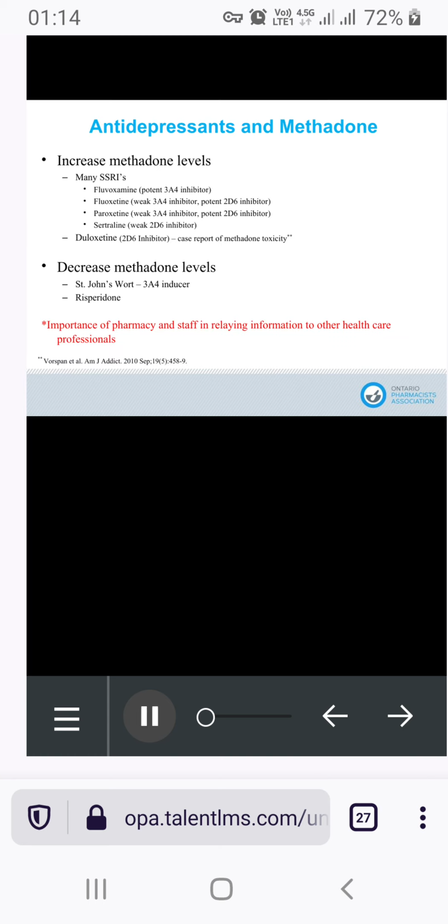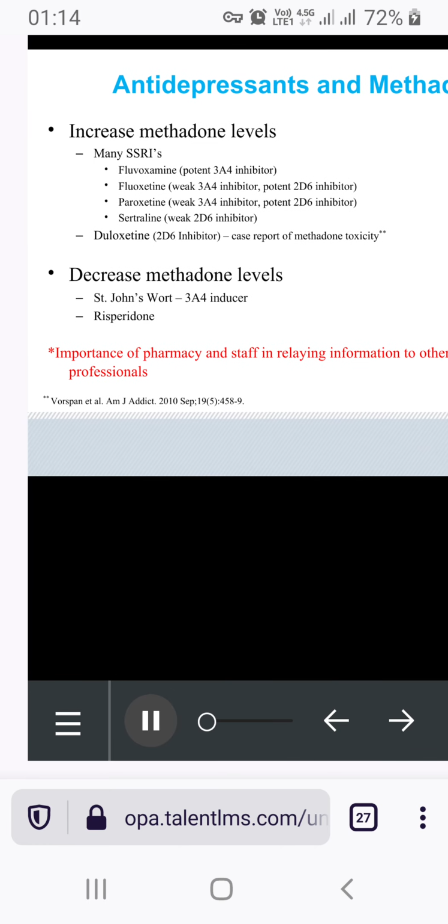Antidepressants and methadone. Increased methadone level with many SSRIs: fluvoxamine, a potent 3A4 inhibitor; fluoxetine, a weak 3A4 inhibitor and potent 2D6 inhibitor; paroxetine, a weak 3A4 inhibitor and potent 2D6 inhibitor; sertraline, a weak 2D6 inhibitor; duloxetine, a 2D6 inhibitor. There are case reports of methadone toxicity.